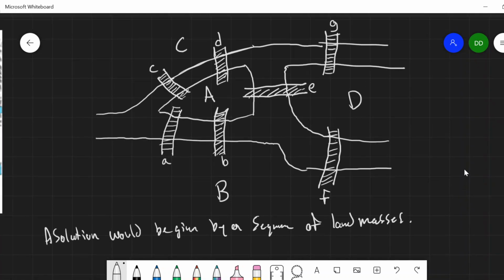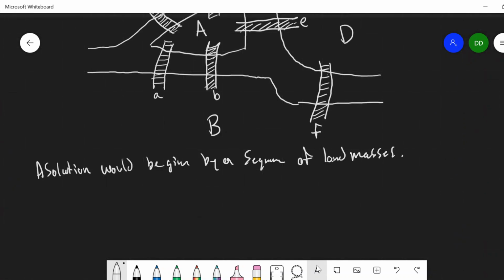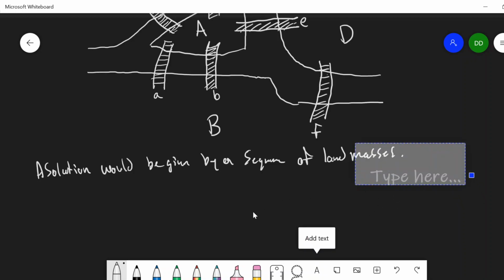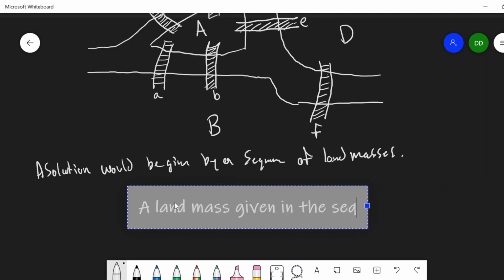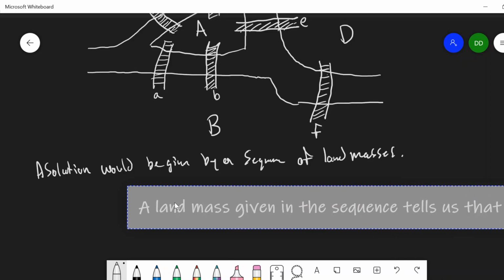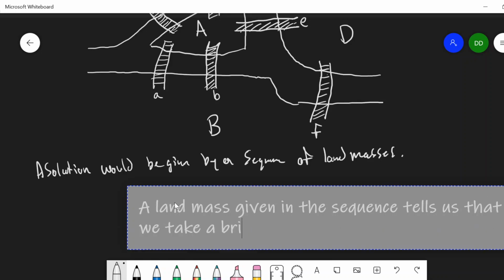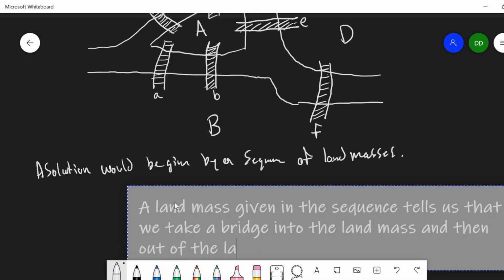So a land mass given in the sequence tells us that we take a bridge into the landmass and then out of the landmass.